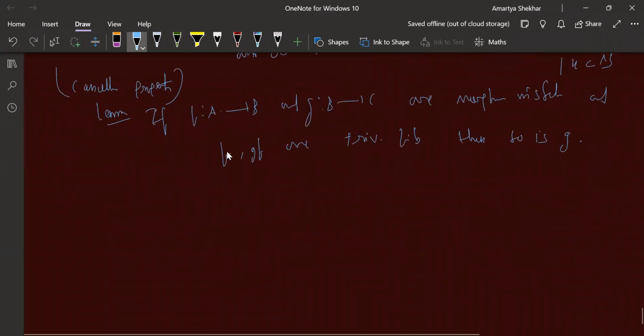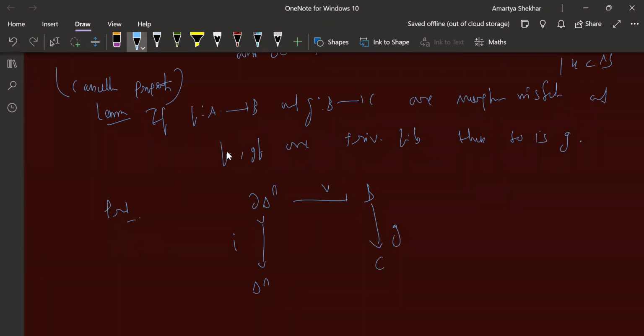Maybe let me try and prove this. Let me try and draw this first. So this is our lifting problem that we have.